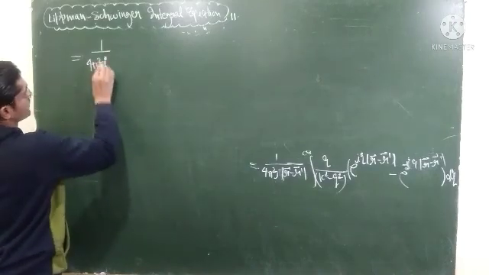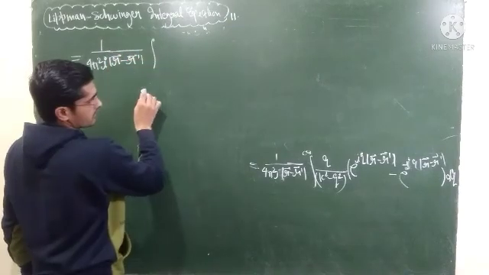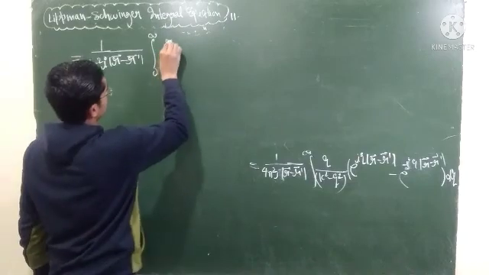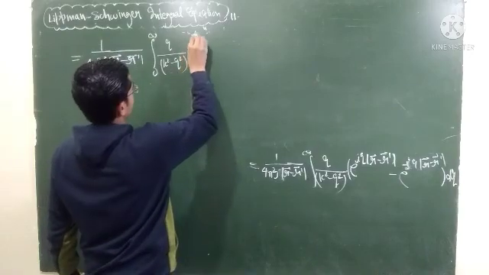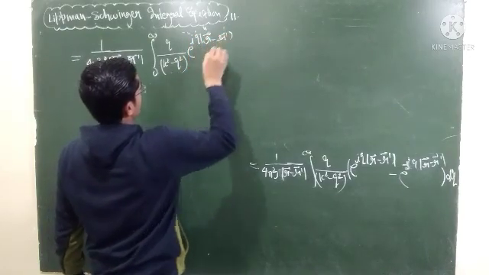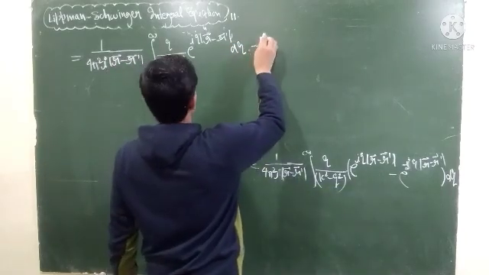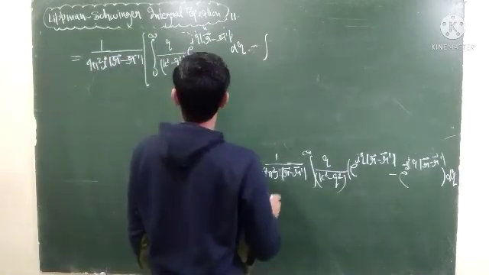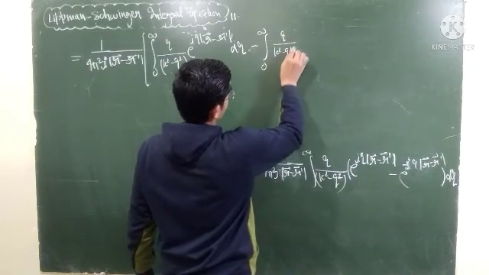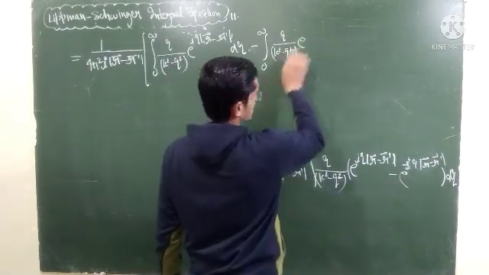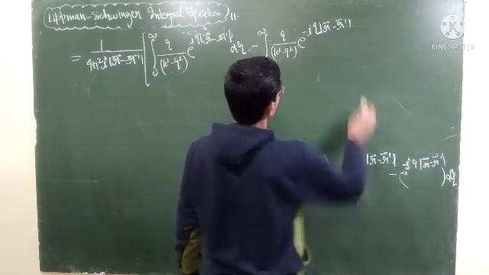Pi square iota mod r minus r dash into integration from 0 to infinity, q over k square minus q square into e to the power iota q mod of r minus r dash dq, minus integration, let me just take it as common from 0 to infinity, q over k square minus q square into this particular term, which is e to the power minus iota q mod r minus r dash dq.